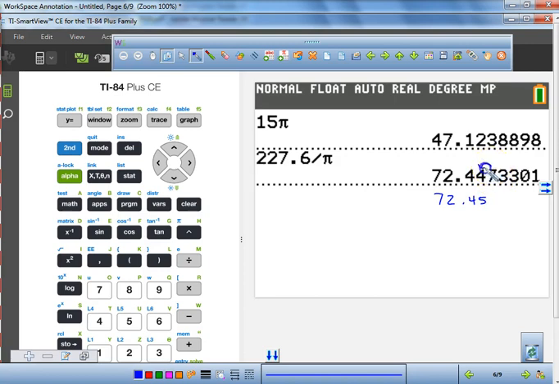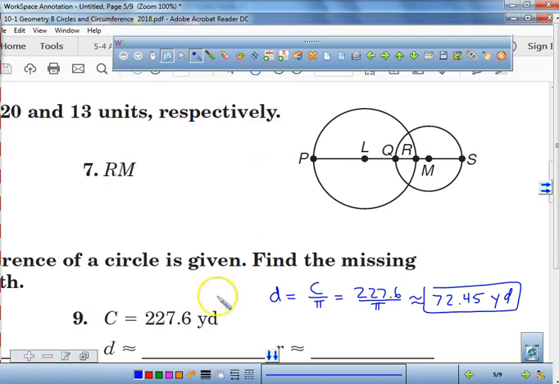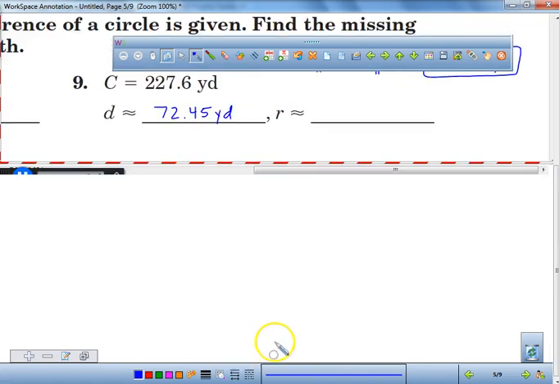So we have to do what with that 4? We have to round it higher. Okay, so we go back. 72.45. And yes, please put yd for yards. Give your measurement a unit of measurement.